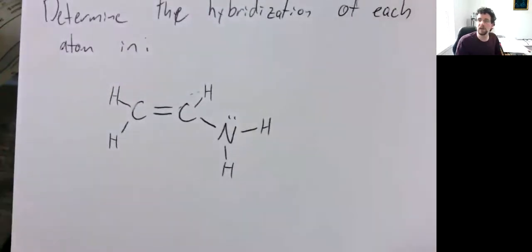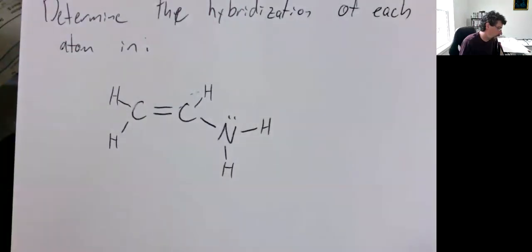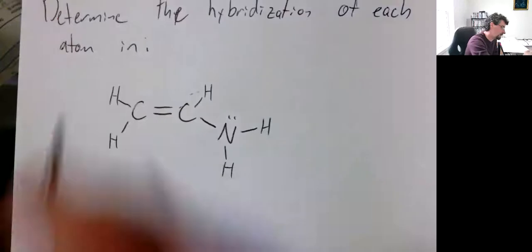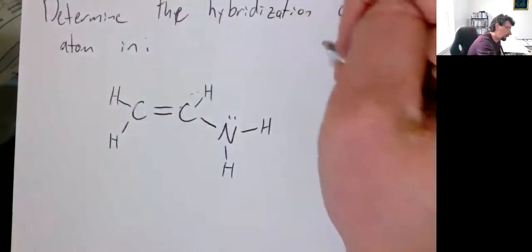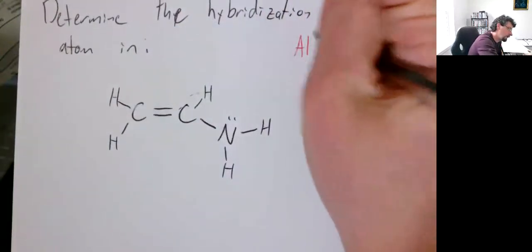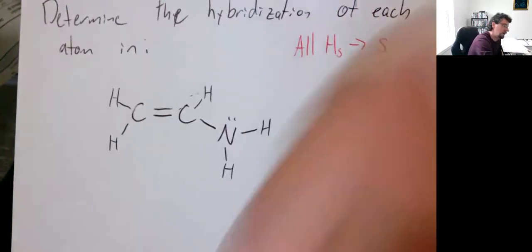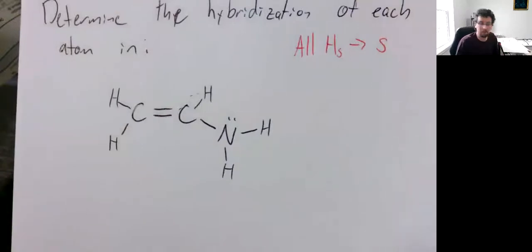Now we have to consider the number of effective pairs around each atom. Hydrogen is a little tricky compared to some of the others. If we think back to the only available orbital for a hydrogen atom, it's an s orbital. So all of these hydrogen atoms are just an s hybridization. They have no other orbitals that overlap.